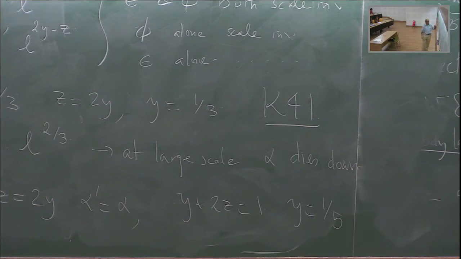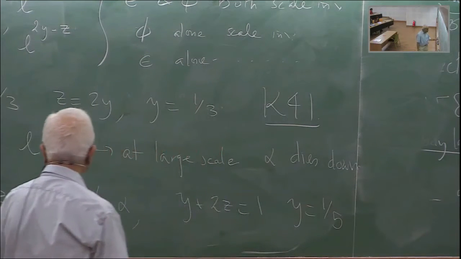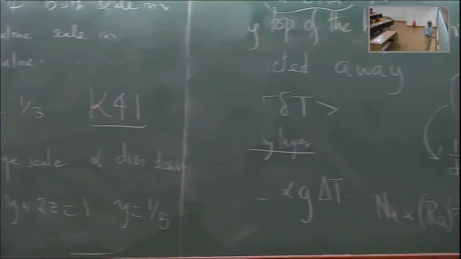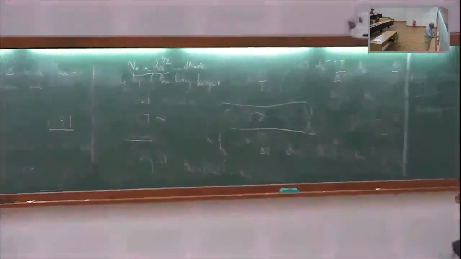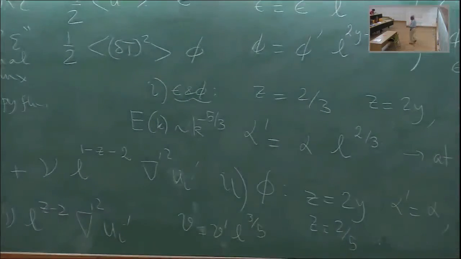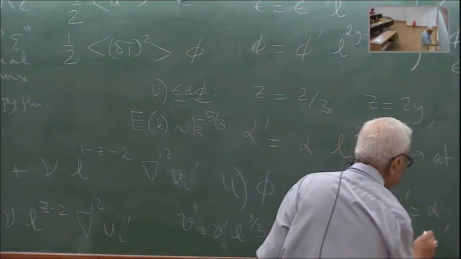But now it is y equal to 1 by 5, z is equal to 2 by 5, and the velocity scales as v prime equals v times L to the power minus 1 by z, which is 3 by 5. So this is a different kind of scaling, and if you look at the energy spectrum, you can work it out for yourself.